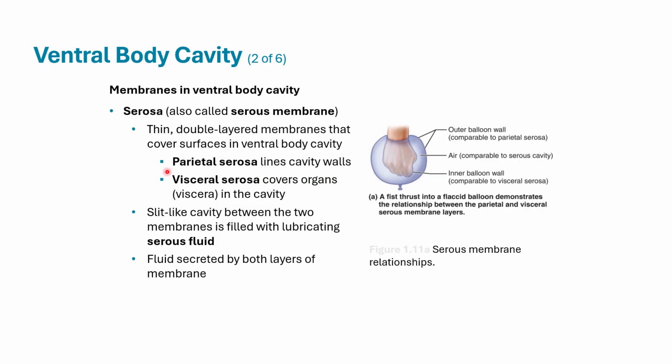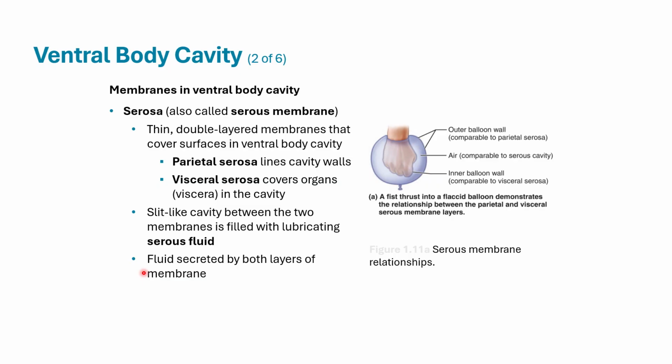The parietal serosa lines the cavity walls. The visceral serosa covers organs, the viscera. Because remember, we were calling the viscera the organs in the cavity. The slit-like cavity between the two membranes is filled with lubricating serous fluid. And this fluid is secreted by both layers of the membrane.